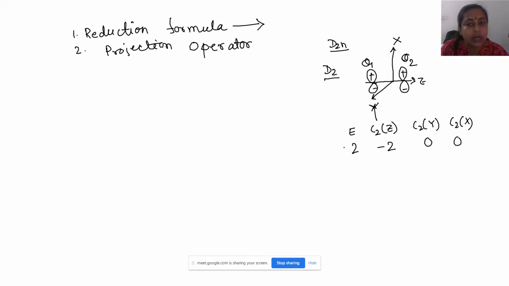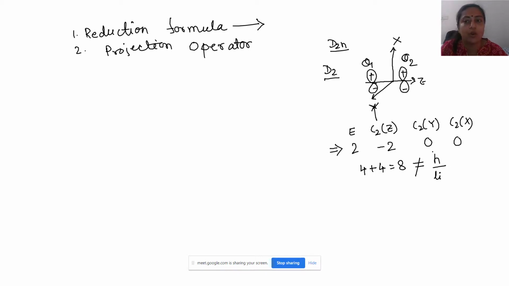Now, to understand whether this representation we have obtained is reducible or irreducible, we have to square and add them up. 2 squared is 4, plus minus 2 squared is 4, that is 8, and this is not equal to h, the order of the group.